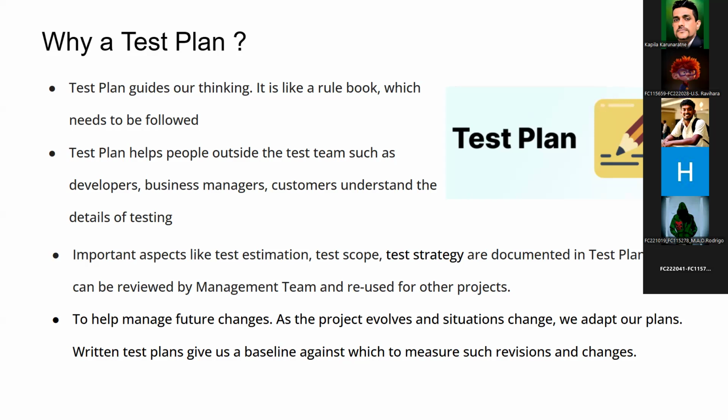That means everybody needs to agree to your approach and your plan. It's a complete guideline, a complete set of instructions and rules that include how we are going to test, and it will be agreed by everyone.